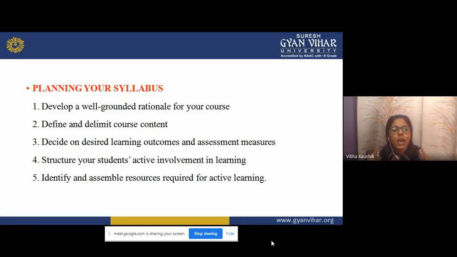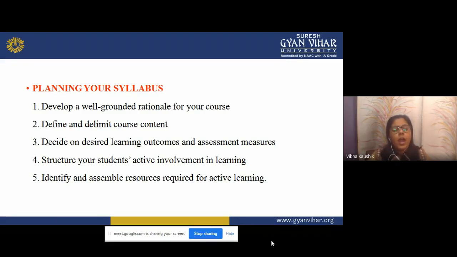Structure your students' active involvement in learning. That is important, that we should plan our syllabus in such a way that our students are actively involved in the process of learning. It means that they should not be just passive listeners, listening to what the teachers are saying. They should be actively involved in the teaching learning process.